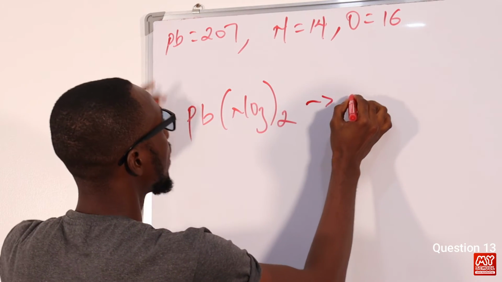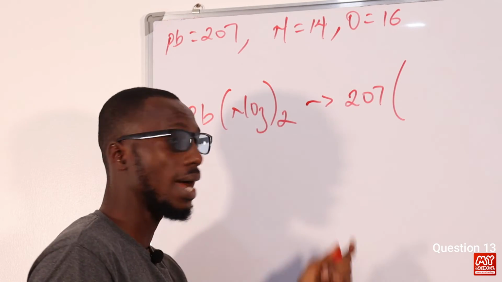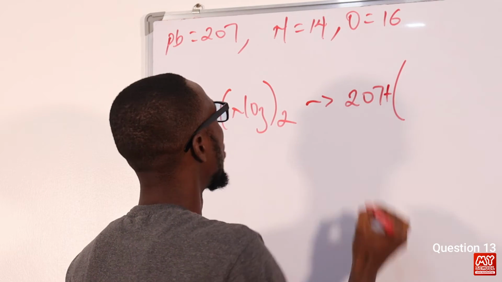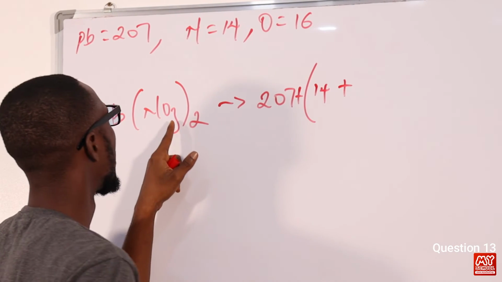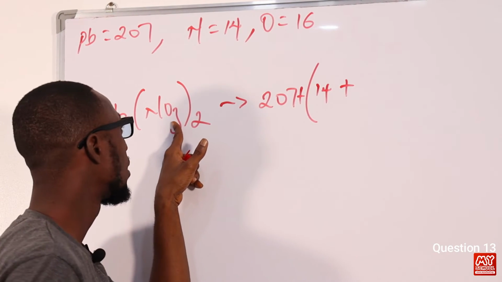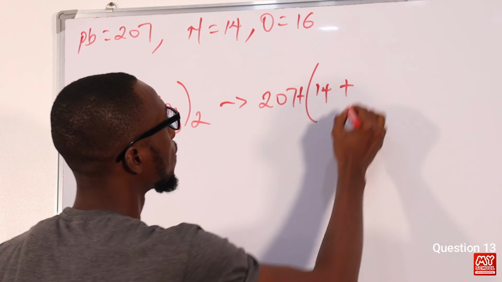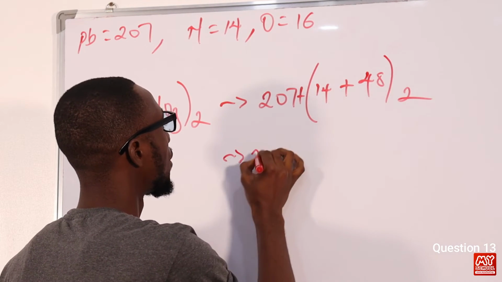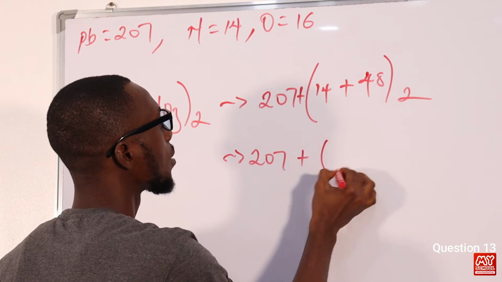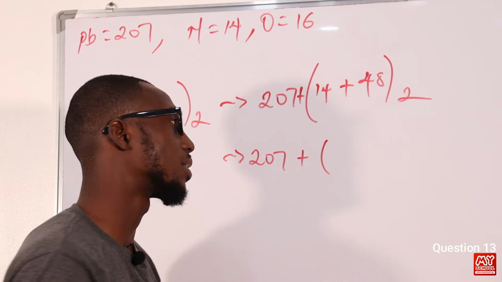So remember that lead is 207, into brackets, right? We're adding it up. So this plus nitrogen is 14, plus oxygen is how many? Oxygen is 16, but we have 3 atoms, so 16 times 3 gives us 48, into bracket 2. So I have 207 plus 14 plus 48, that should give us 62.